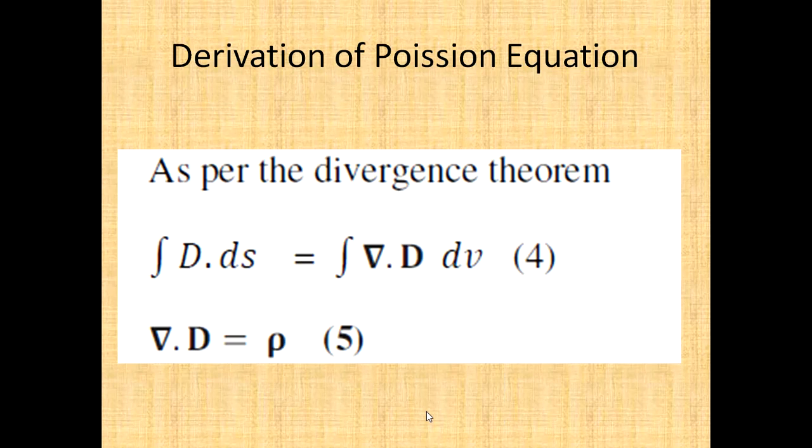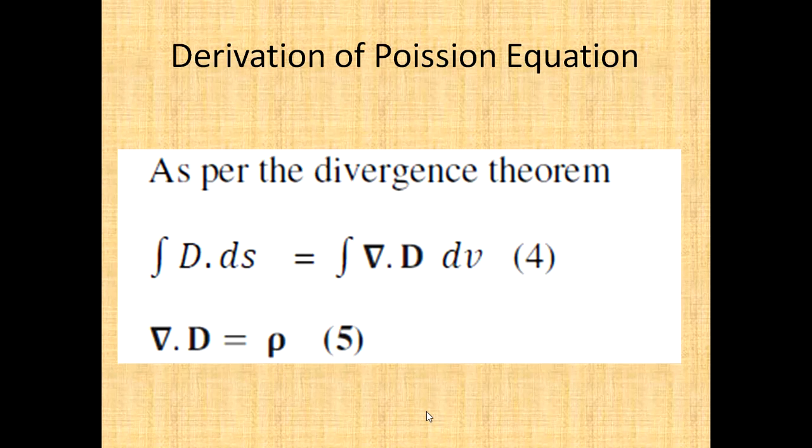Derivation of Poisson's equation. As per the divergence theorem, the closed integration of D bar dot dS bar is equal to the integral of del dot D bar dV. We know the quantity del dot D bar is equal to rho, so rho is replaced by del dot D bar dV.